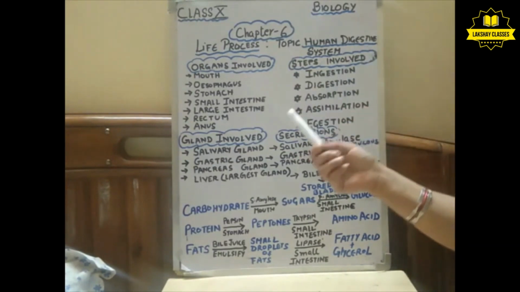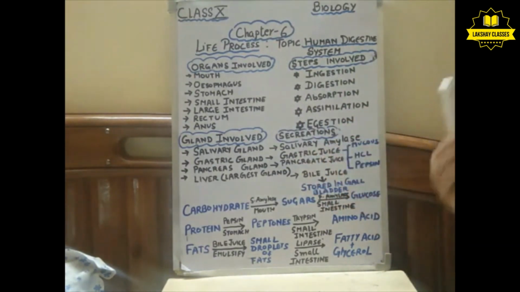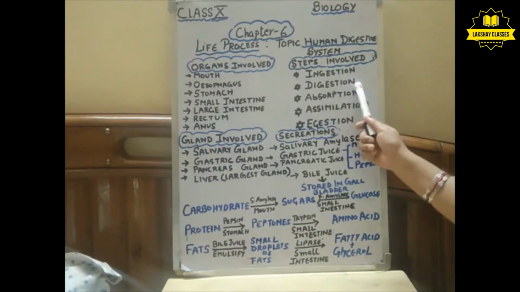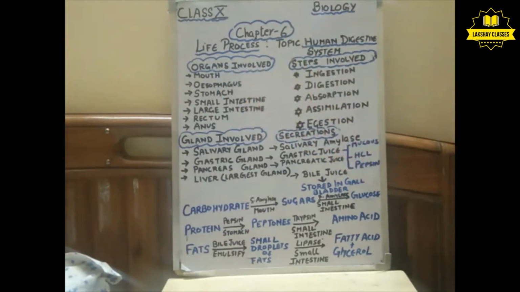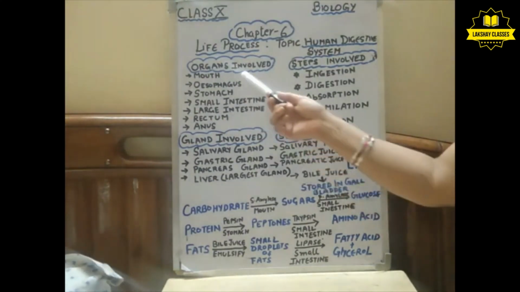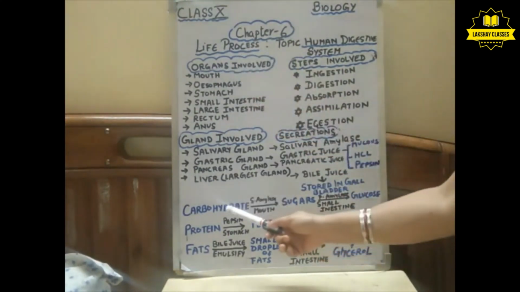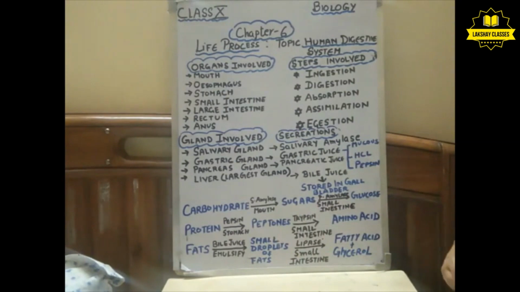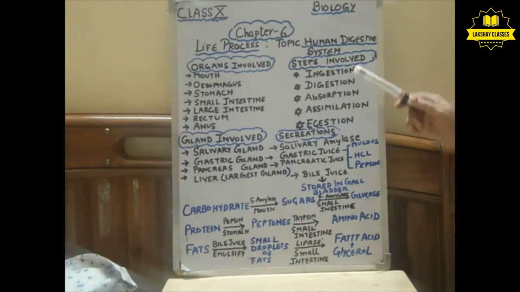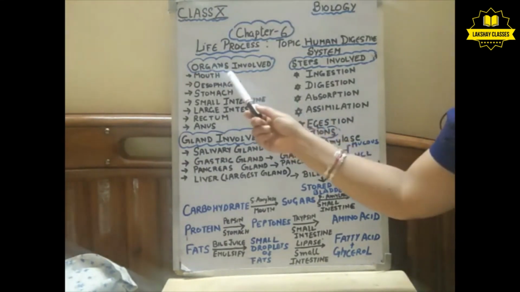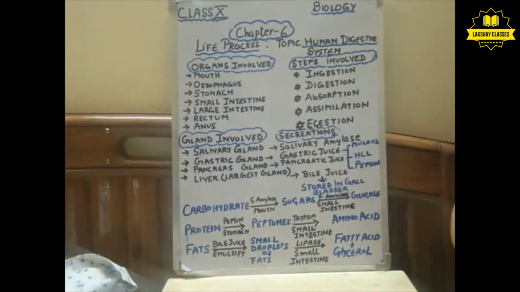The next step is digestion. Digestion is basically breaking of the complex food into simpler substances, right? So I already explained that digestion starts in the mouth. Which food is digested in the mouth? Carbohydrate is digested in the mouth. Okay. So once you have chewed the food properly, the food from the mouth will come to the esophagus.